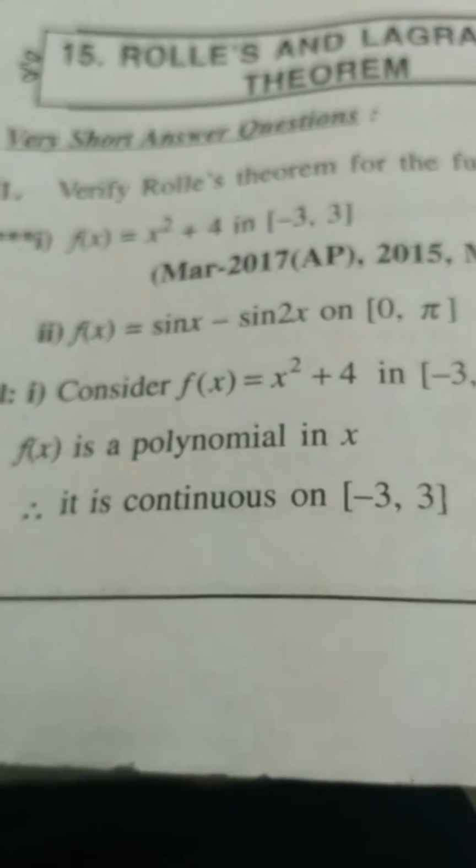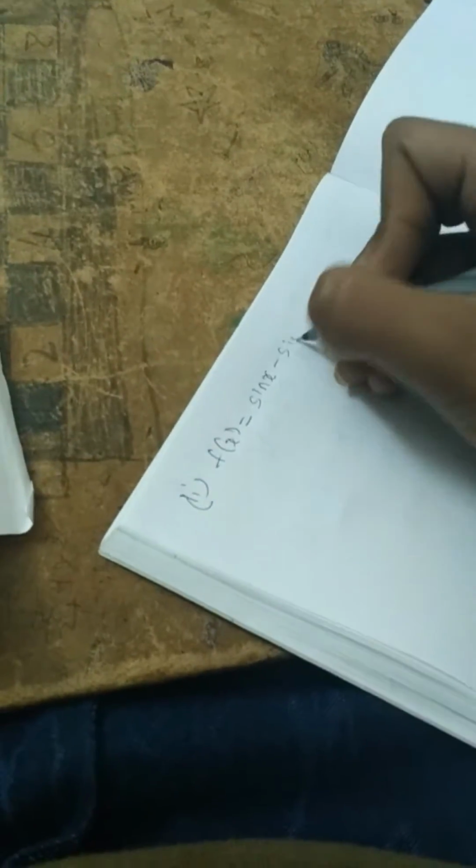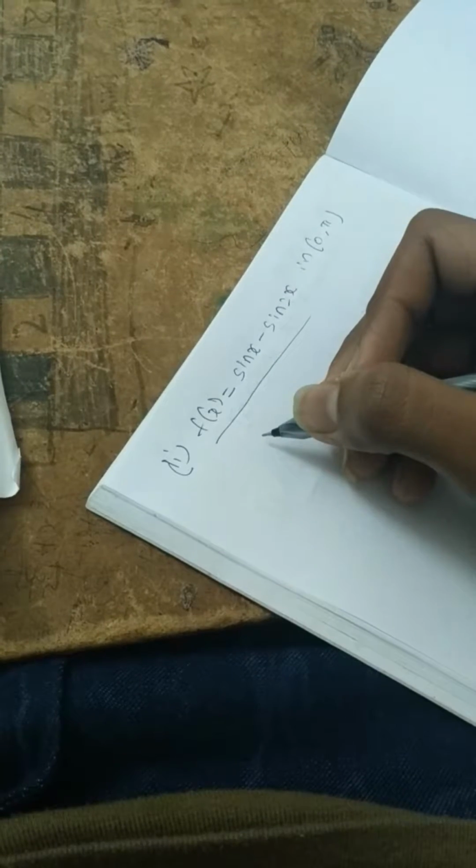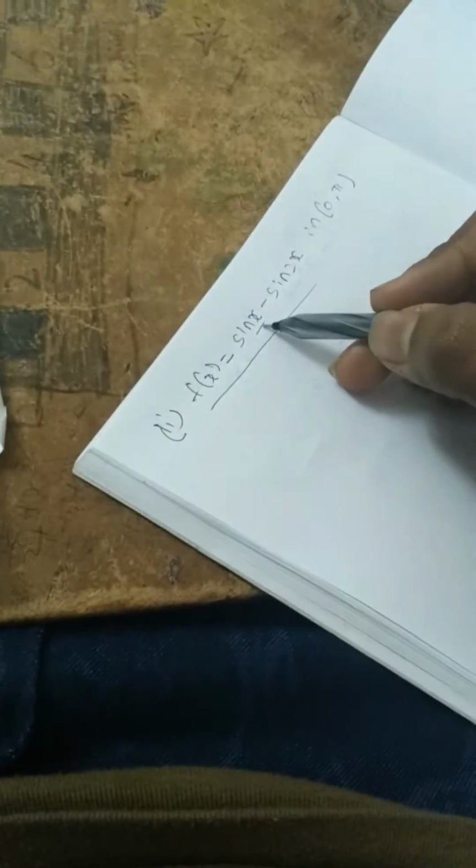Second part, f of x is equal to sin x minus sin 2x on [0, pi]. First, check continuity: sin 0 minus sin 0 is 0.